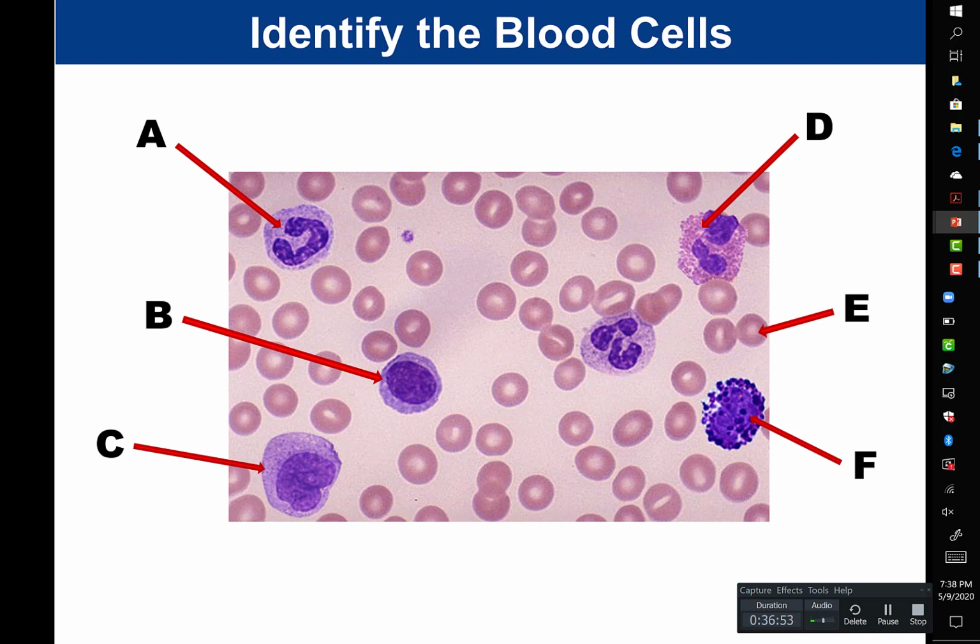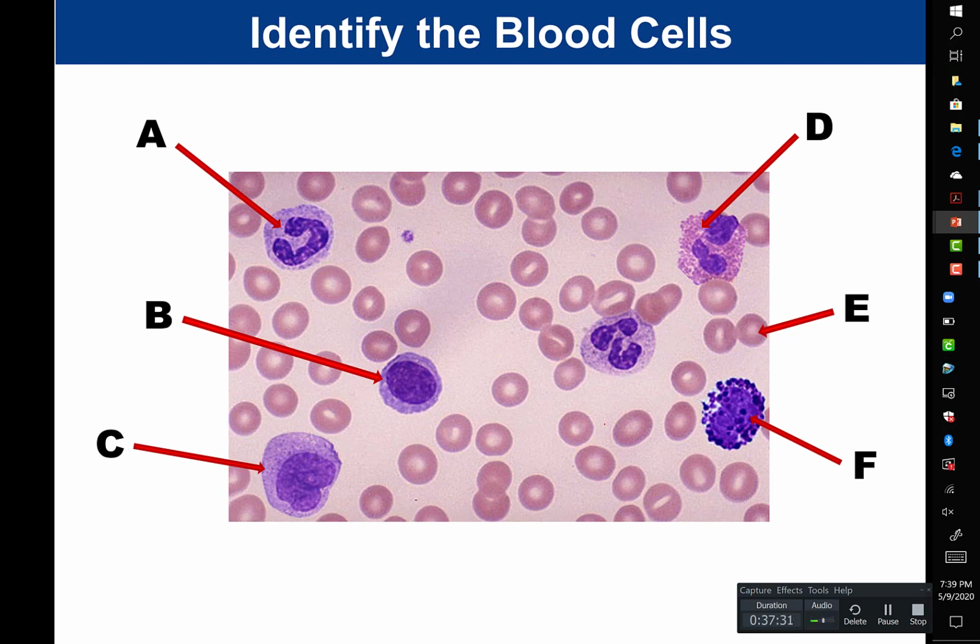Now again, the hardest two I think that students get tripped up comparing are the basophil and the lymphocyte, because sometimes students look at the basophil and they see the purple and assume that that's the nucleus. It's not. So dark cytoplasmic granules are the key for basophils, but also use size to help compare.